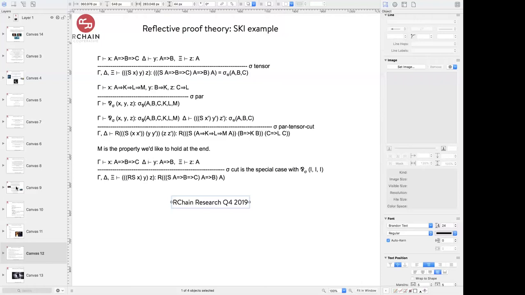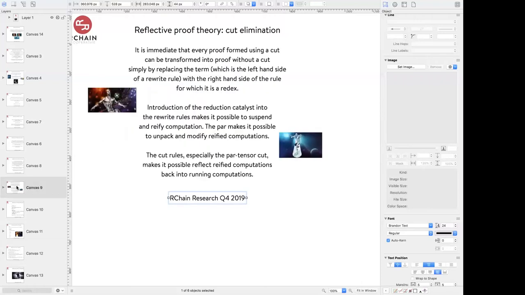two things that we've done, which is the introduction of the catalyst makes it possible to suspend and reify computation. And then the par makes it possible to unpack and modify the reified computations. And then the cut rules, especially the par tensor cut, make it possible to reflect reified computations back into running computations.